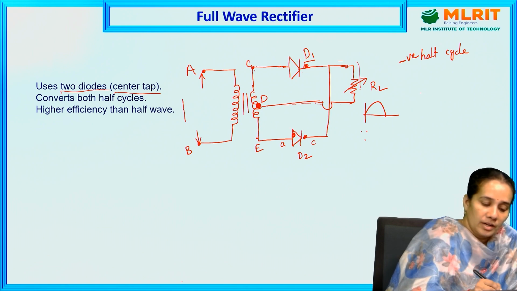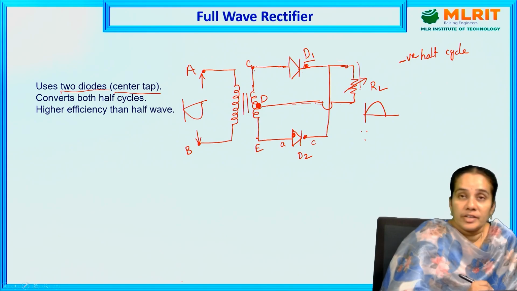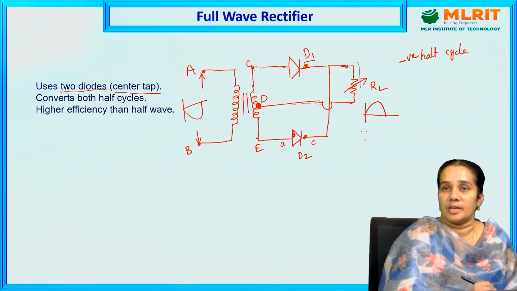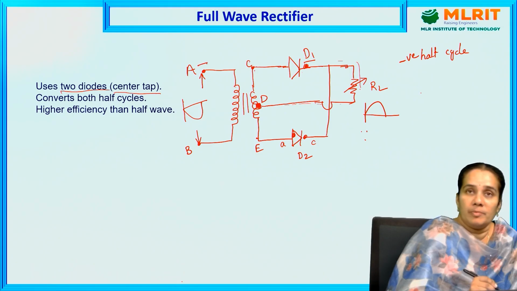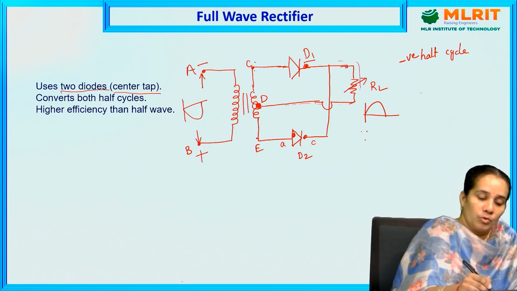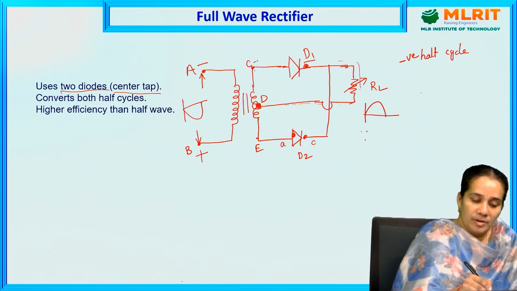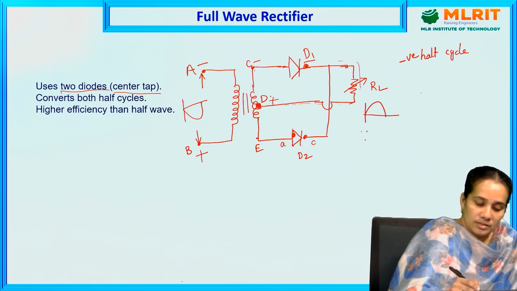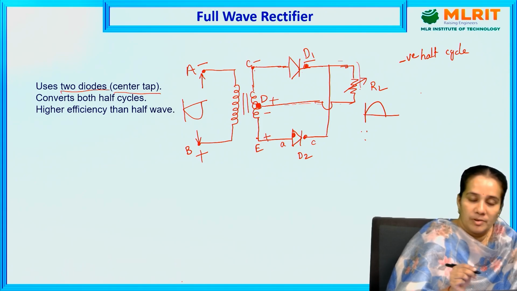When we give the negative voltage, the node A becomes negative and the node B becomes positive. So the voltage across the terminal C becomes negative and the terminal D becomes positive. So here this terminal becomes negative and this terminal becomes positive.